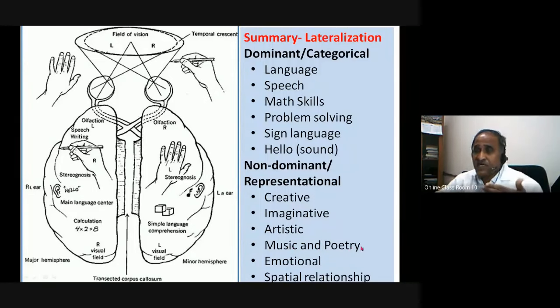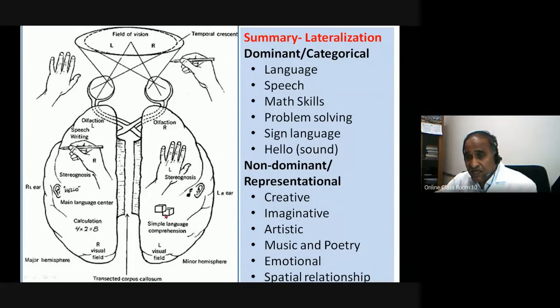It has poetical components, because most of the poets are philosophers, and they are imaginative, they are artistic, and it is emotional, because even if you take any poetry, there is an emotional component associated, and they detect the spatial relationship.